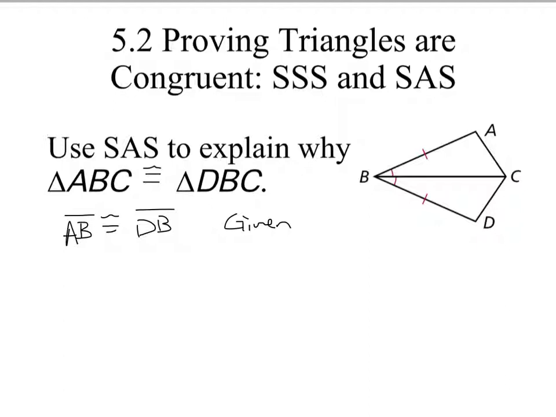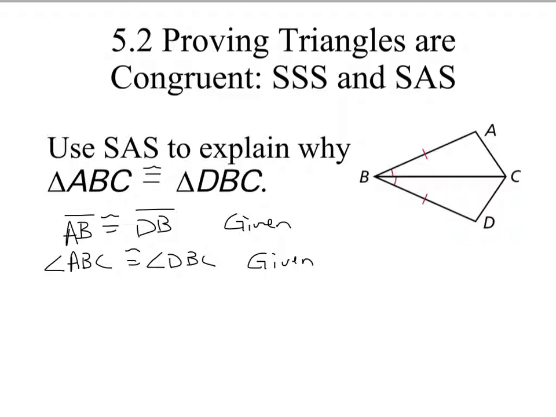I also know that angle ABC is congruent to angle DBC. Why? That is given. Be careful. I did not use angle B, because angle B can mean three different angles here, so I want to make sure I specifically point out which angle I'm talking about.